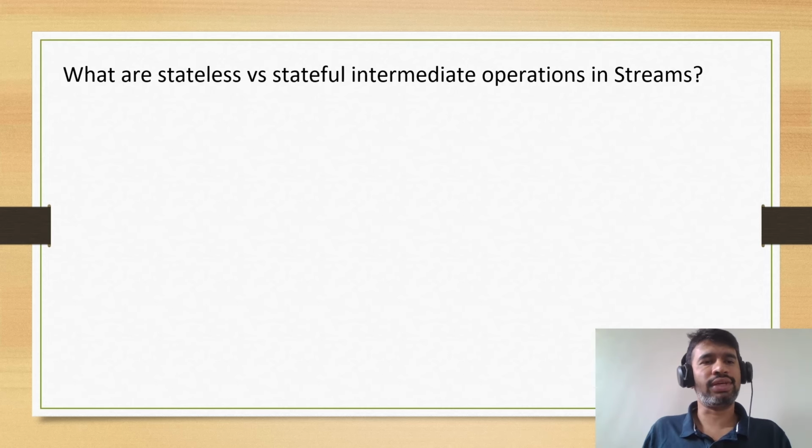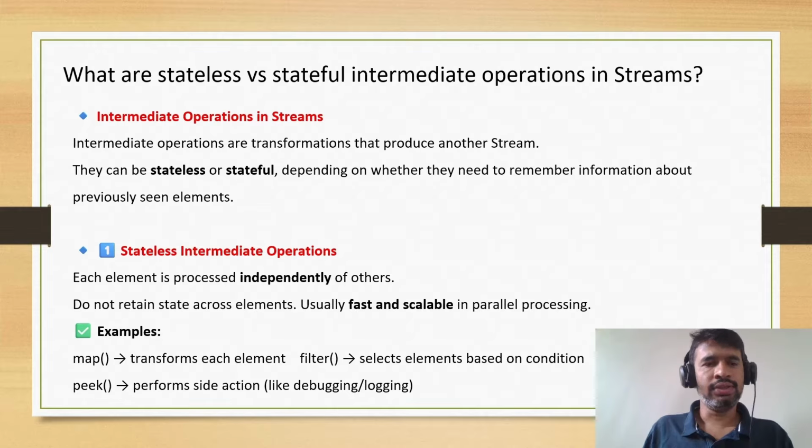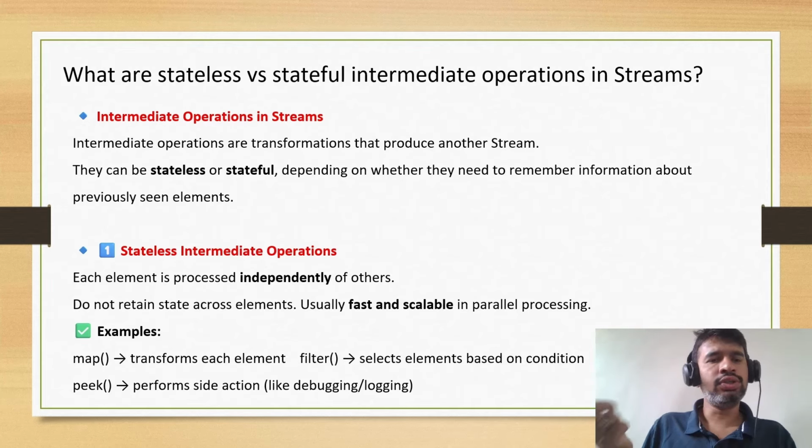So let's see the answer for this. What are stateless and stateful intermediate operations? Intermediate operations, as you are aware, transform or produce another stream. They are not the terminal or end operation. So there can be stateless and stateful ones. What is stateless and stateful? First we understand the stateless operation.